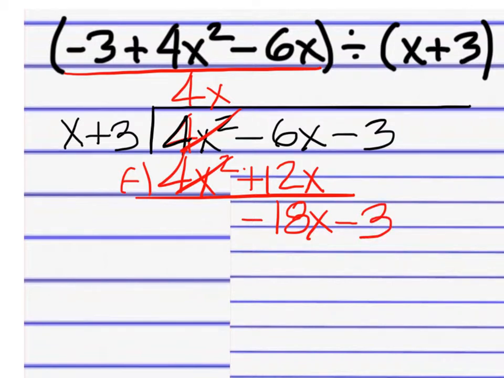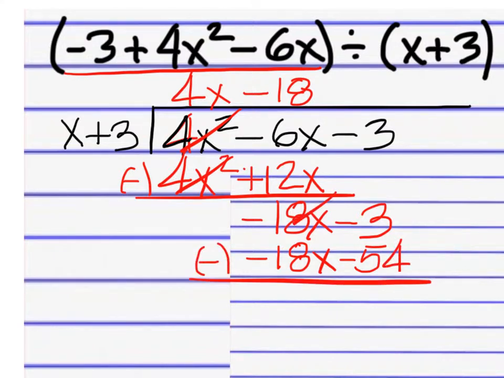Now, what would I have to multiply this x by to get negative 18x? That would be a negative 18. Write it up here, and then multiply both of these items here by that negative 18. When I do that, I get negative 18x minus 54.